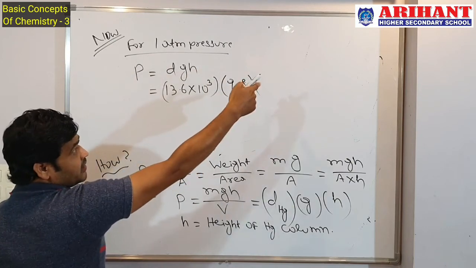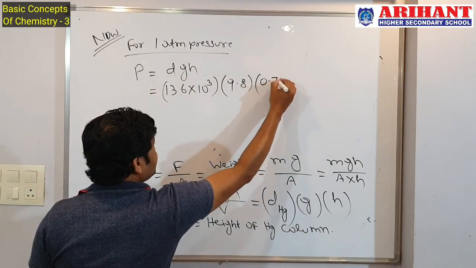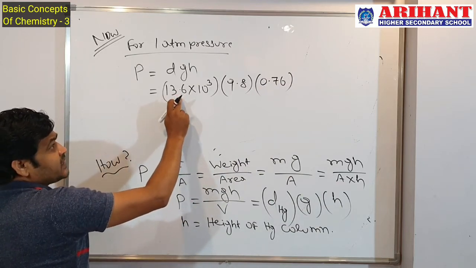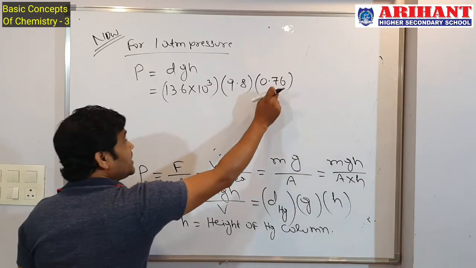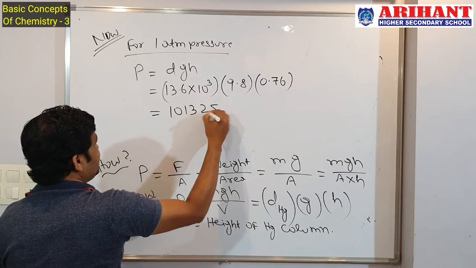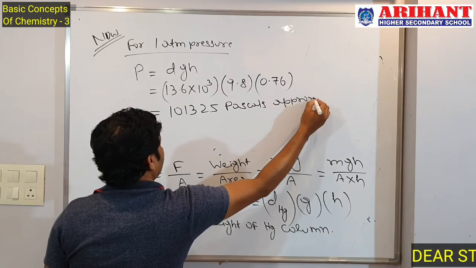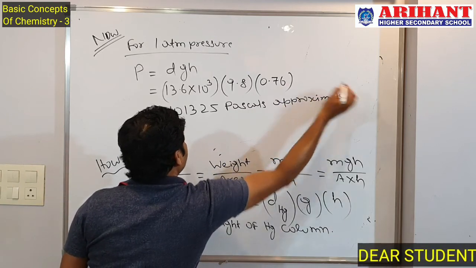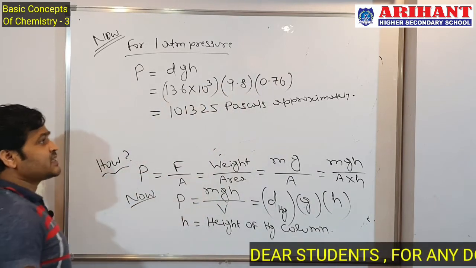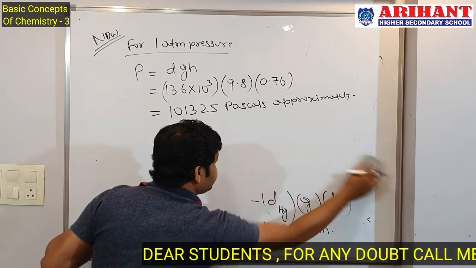Height in meter in MKS, 76 centimeter is equal to 0.76 meter. It is in SI or MKS, and it is approximately 101325 pascals. All are in MKS unit, hence pressure is also in MKS unit.